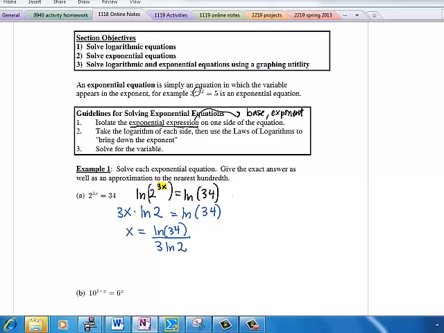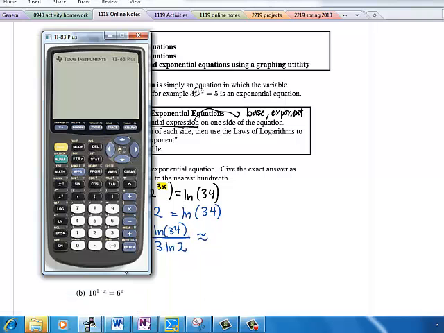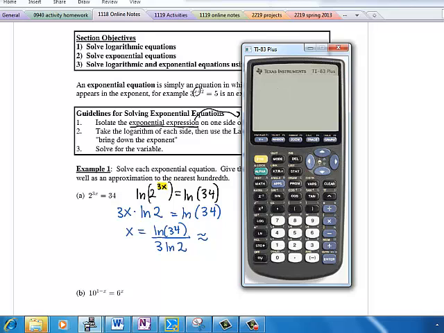That's an exact answer. And they also ask for an approximation to the nearest hundredth. So that you would need to use your calculator for. So let's go to natural log of 3/4. And then we want to divide by 2 factors. So we need parentheses, 3 times the natural log of 2.